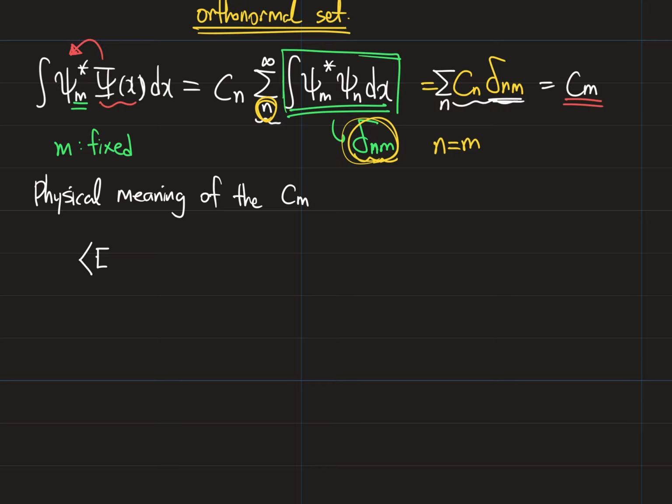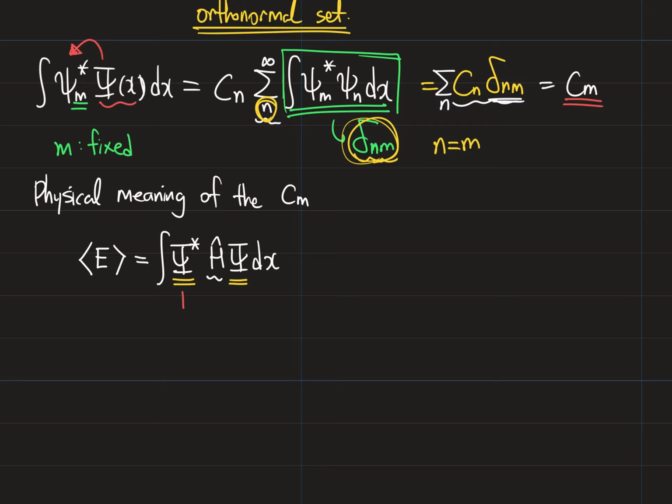We are going to start with the formula from postulate 4 and substitute the superposition for capital psi. So the expectation value of energy is simply: the Hamiltonian operator, which corresponds to the energy measurement, is sandwiched between the complex conjugate of the wave function and its original form.